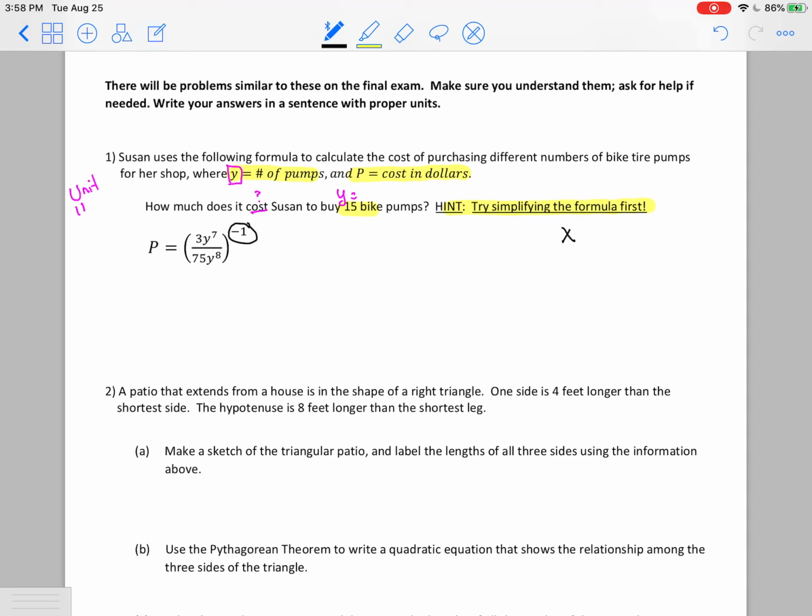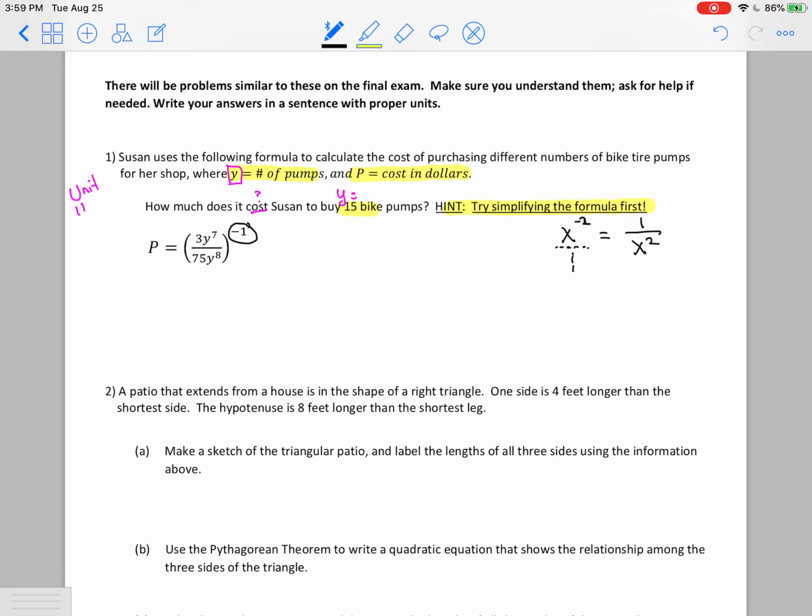Remember our negative exponents: any base to a negative exponent, let's call this a 2 just so we can have something different. So x to the negative 2 is the same as 1 over x squared. Basically, we think of the original as a fraction over 1.